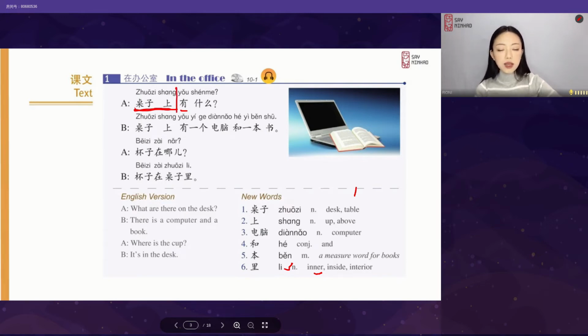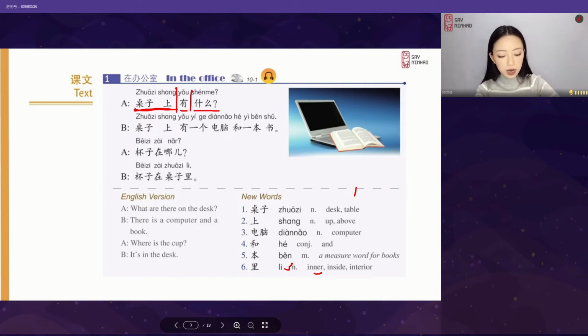有什么? 有 means have, and it indicates the existence of things. So 有什么 means there is something. It actually means, what is there on the desk? 桌子上有什么?